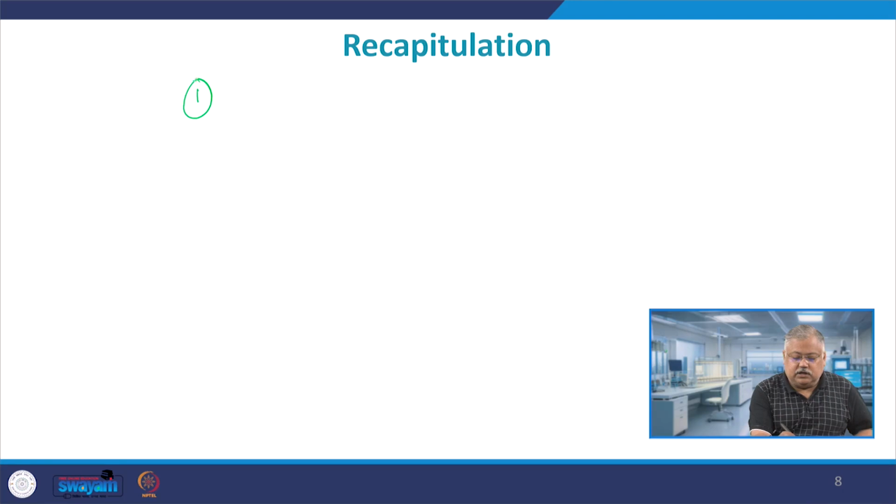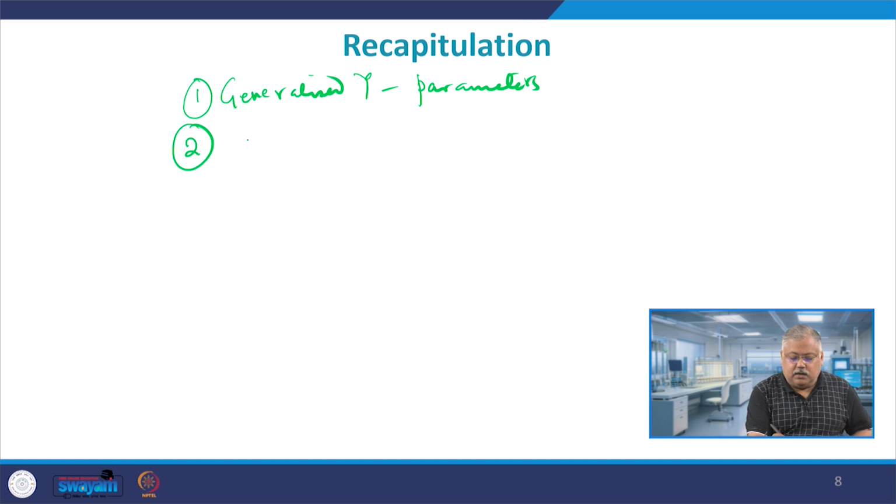With this, let me recapitulate what we did till now. At the end of this class, we looked at the Y parameter model. So, we looked at the generalized Y parameters. We looked at the small signal circuit with Y parameters.